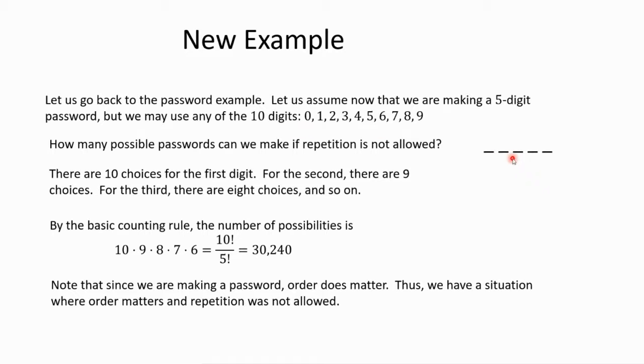You have 8 possible digits for the third choice, and then 7, and then 6, which is down here. So the total number would be this. And this is actually the same as this quotient, 10 factorial, but you're dividing by 5 factorial. And that turns out to be this number, 30,240.